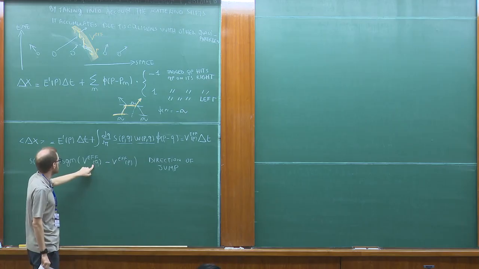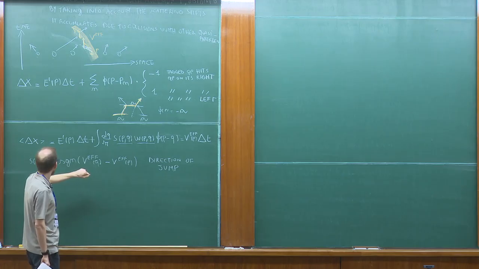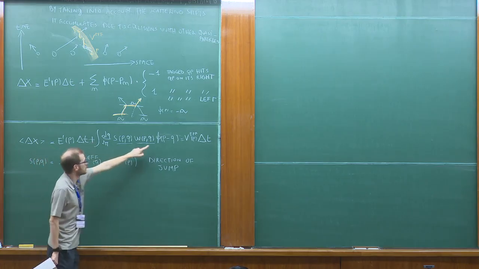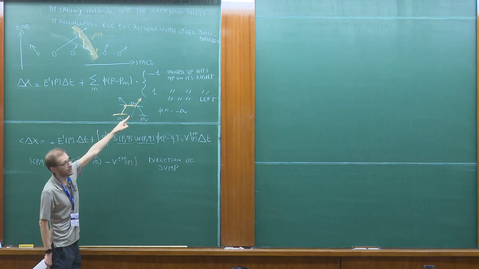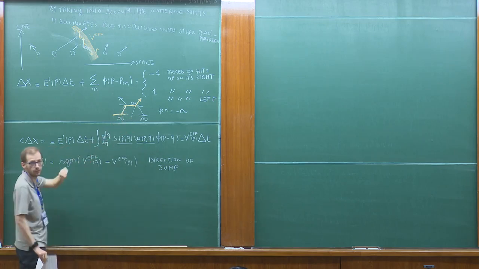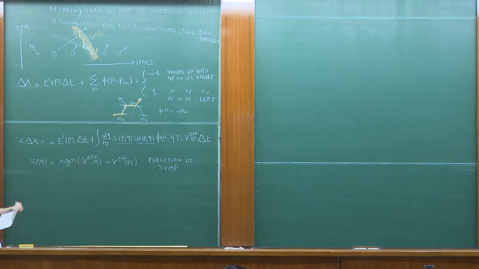So this sign is positive. No, it's negative, sorry, because V effective of Q is smaller, so the sign is negative, and therefore here you get minus phi, which is the tagged quasi-particle with the quasi-particle on its right. So it's implementing this condition here, okay? And it tells you whether you are jumping right or left, essentially, when you have a collision.